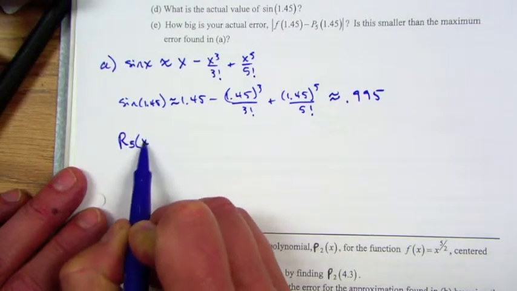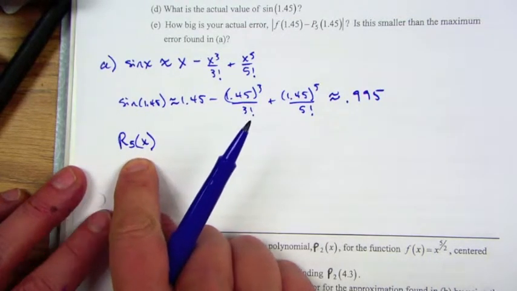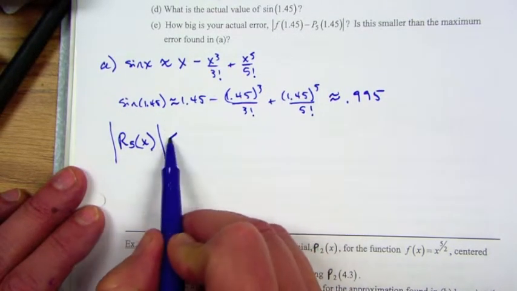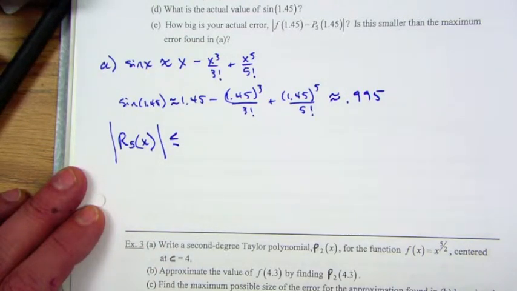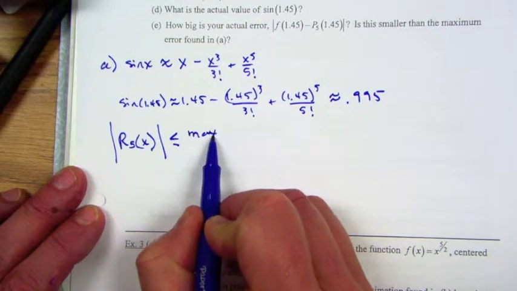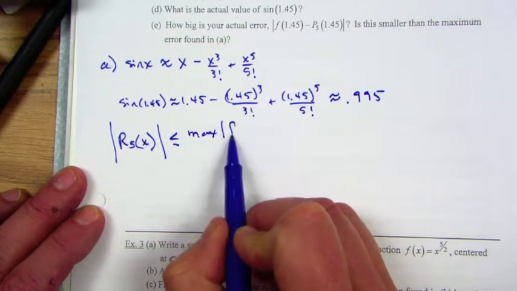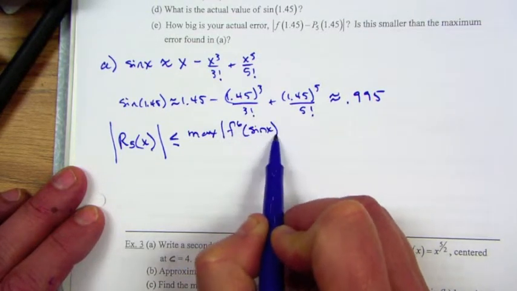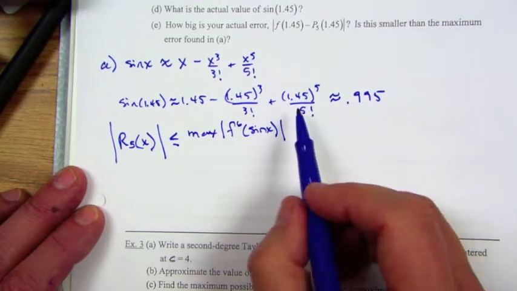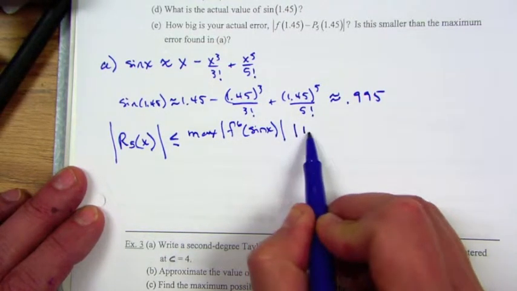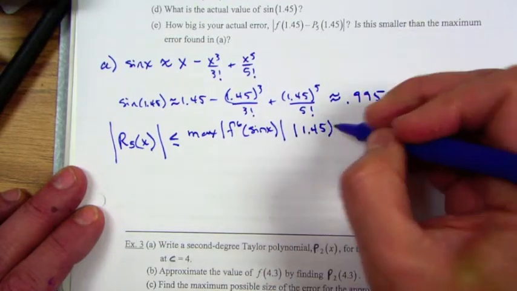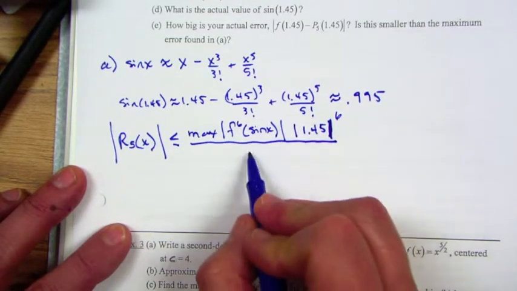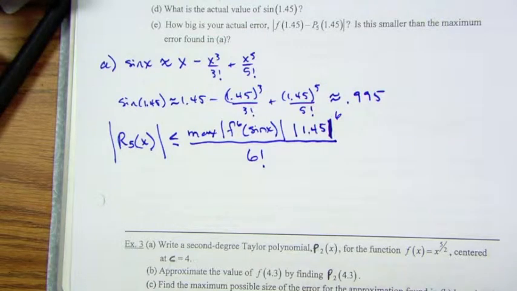So the remainder associated with the fifth degree Taylor polynomial that I just used has to be less than or equal to the max absolute value of the sixth derivative of sine of x times 1.5 to the sixth. It would be minus 0, right? Because it's centered at 0. All over 6 factorial.